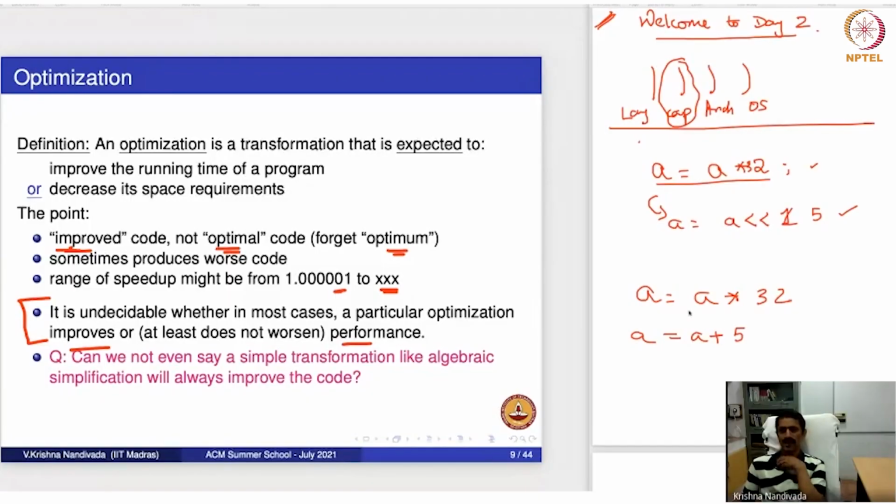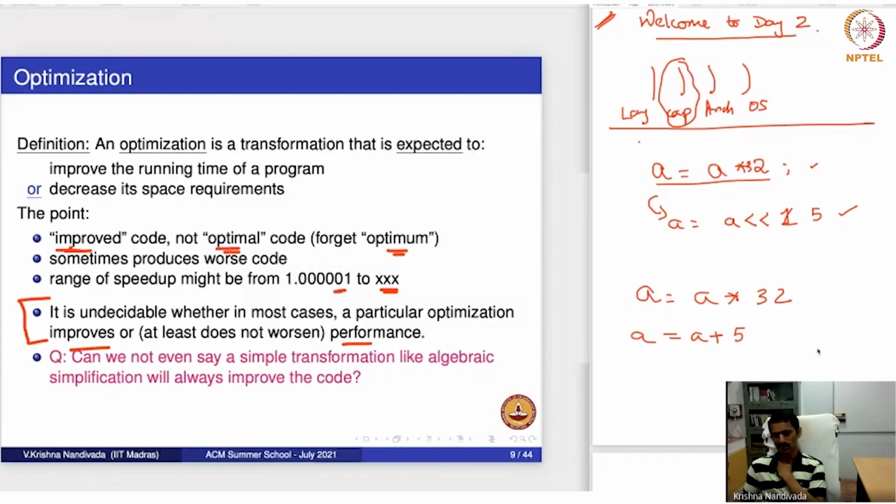Yeah. Let us say the original code was this plus this. Let me make it this way. And there is some instruction called, let's say I have A equal to A times 2 and A equal to A plus 5. There used to be an instruction called multiply by 2 and add. So mul add.